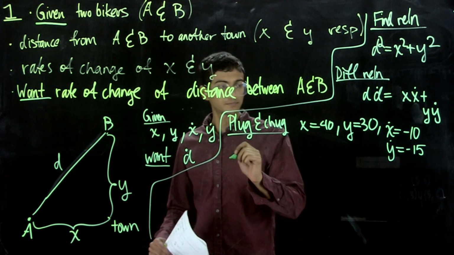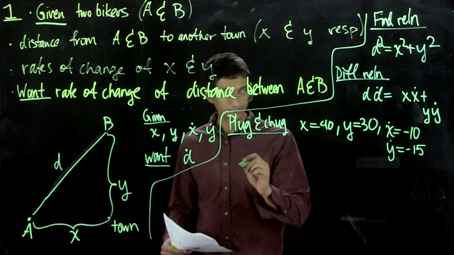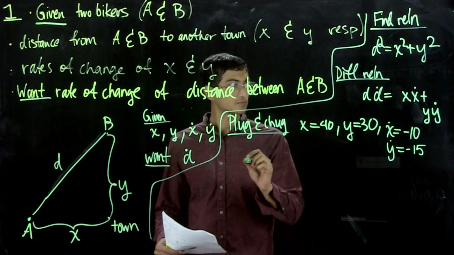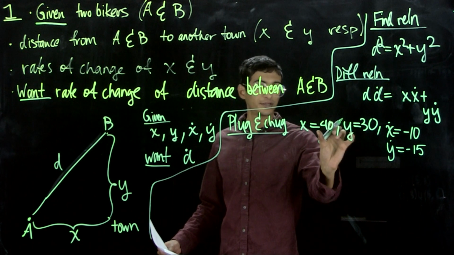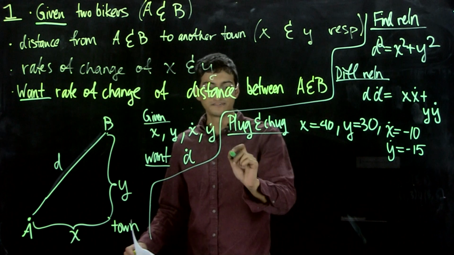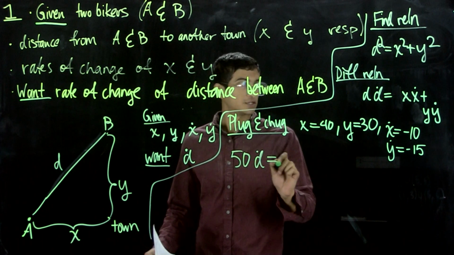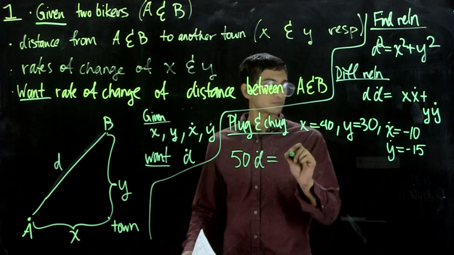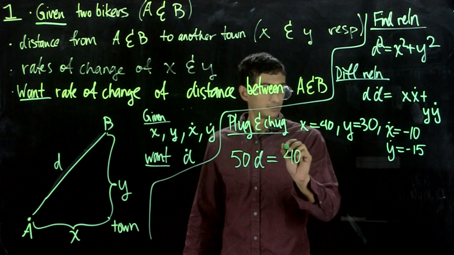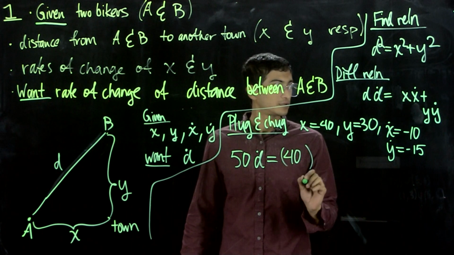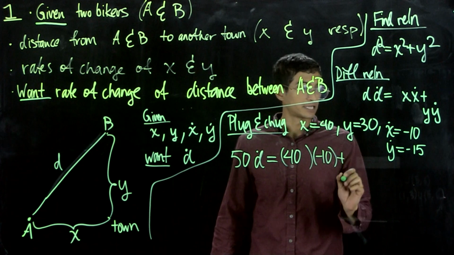Okay, so if I plug that in, the d corresponding to a 3 and a 4 is going to be a 5. So I'm going to get 50 times d dot equals x times x dot, x dot here is negative 10, plus y times y dot.